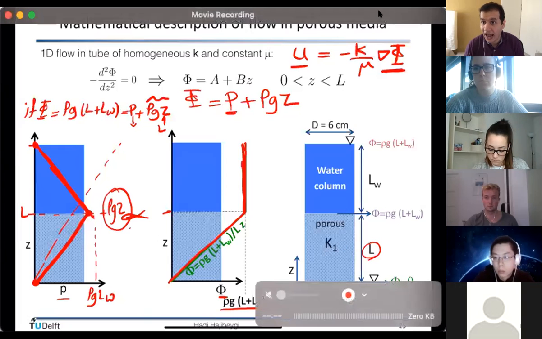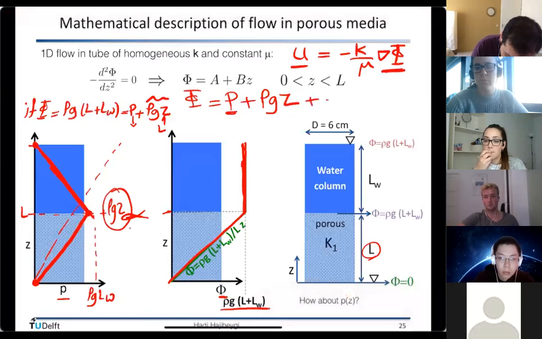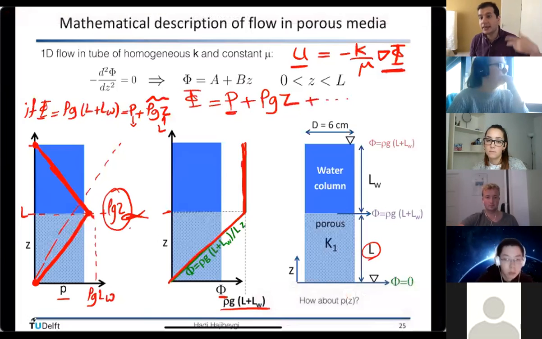You asked me in the first lecture that, in fact, there is another part in the potential that we have neglected, and that's the kinetic part of the energy, or the driving force for flow. We have the thermodynamic part, the hydrostatic part, and then the kinetic part, which we have ignored. Only the Forchheimer part will bring it in if we have non-Darcy flow.